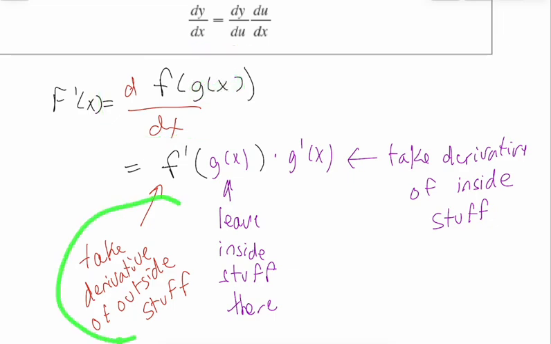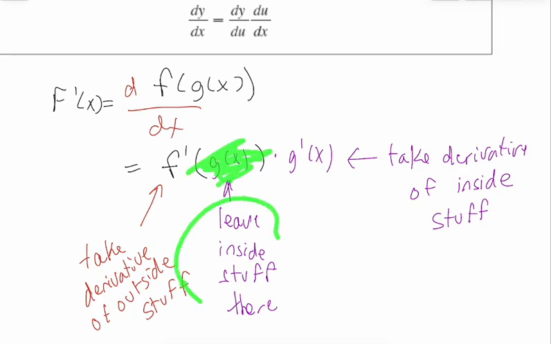We take the derivative of the outside stuff like we can, whatever it is, whether the outside is a square root, whether the outside is a trig function. And then if it has junk inside, we just leave the junk there, and then we multiply by the derivative of the junk.